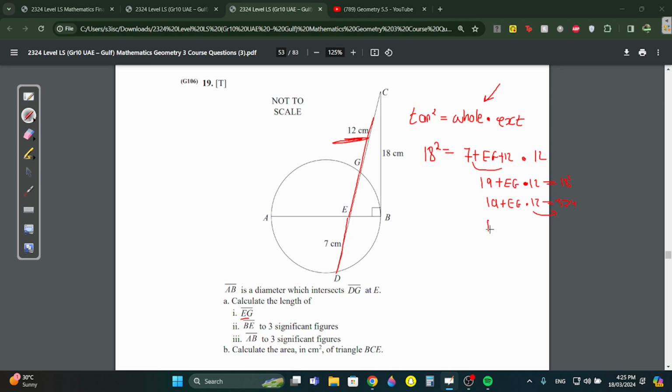Divide by 12 on both sides: 19 plus EG equals 324 divided by 12, which is 27. Then subtract 19, and you get EG equals 8.